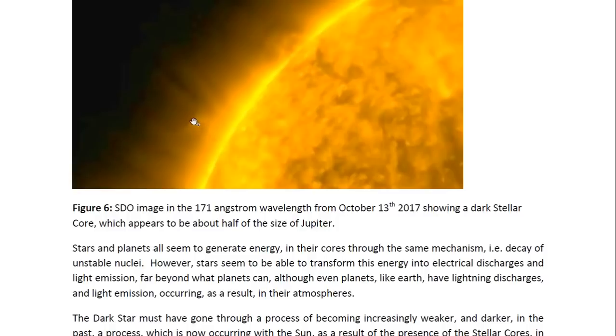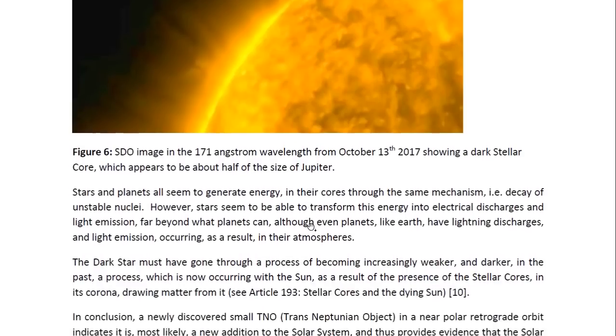And here we see the connection. They make tidal connections with the Sun, which means it's a differential in the gravitational attraction, and it draws matter and therefore gravitational energy from the Sun. And over the years, these objects draw more and more material from the Sun. The Sun is increasingly weaker, and we can see that eventually it will become dark, just like the dark star seems to have become dark.